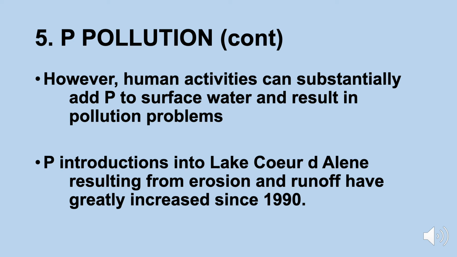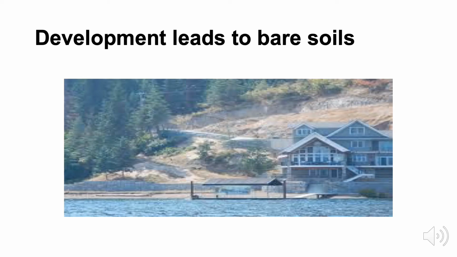Scientists tell us that phosphorus introductions into Lake Coeur d'Alene resulting from erosion and runoff have greatly increased since 1990. And that's simply due to development. For instance, here's a home on the shore of Lake Coeur d'Alene. Before the home was built, all these soils were covered with trees or shrubbery. As this land has been cleared, you've got bare soils.